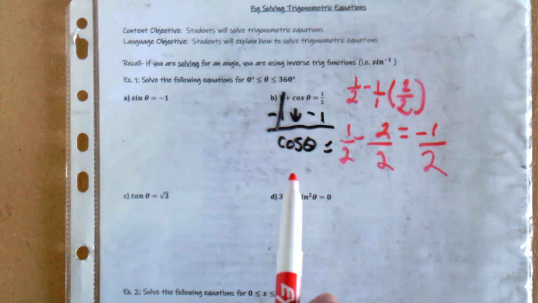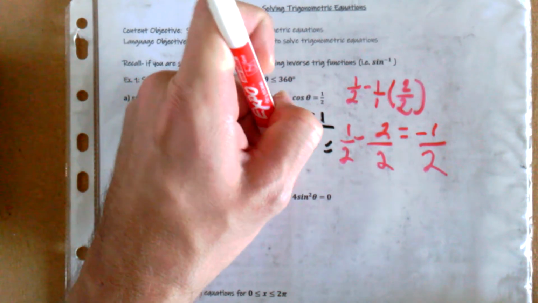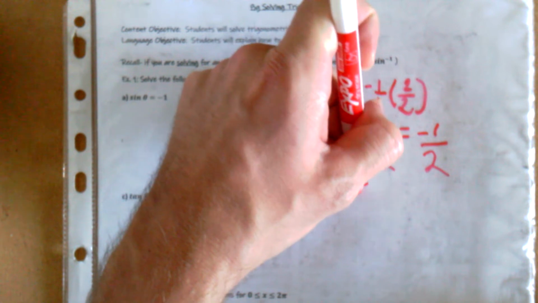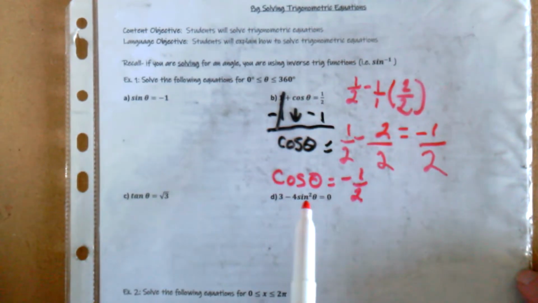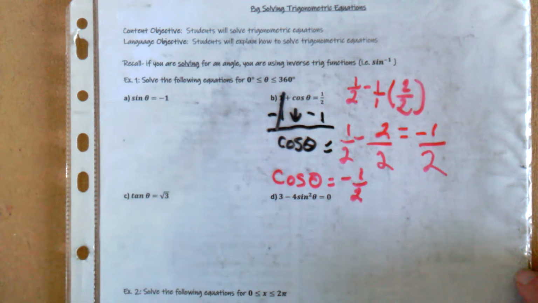Okay, so now it's asking us, at what angle is cosine negative 1/2 at? I'll rewrite it like that. So now it looks exactly like what we wanted it to look like. Now we know how to solve this. We just need to look at the unit circle and figure out what angle cosine's negative 1/2 at.